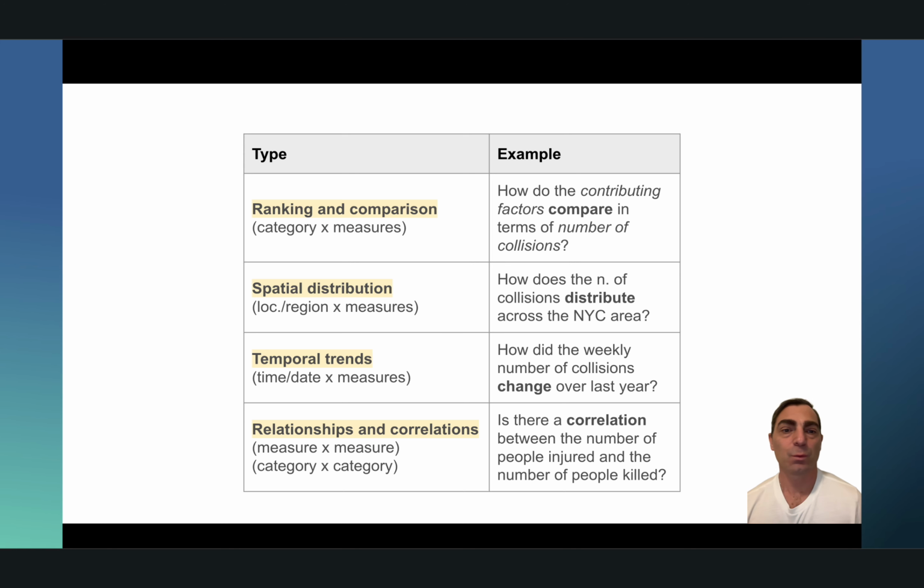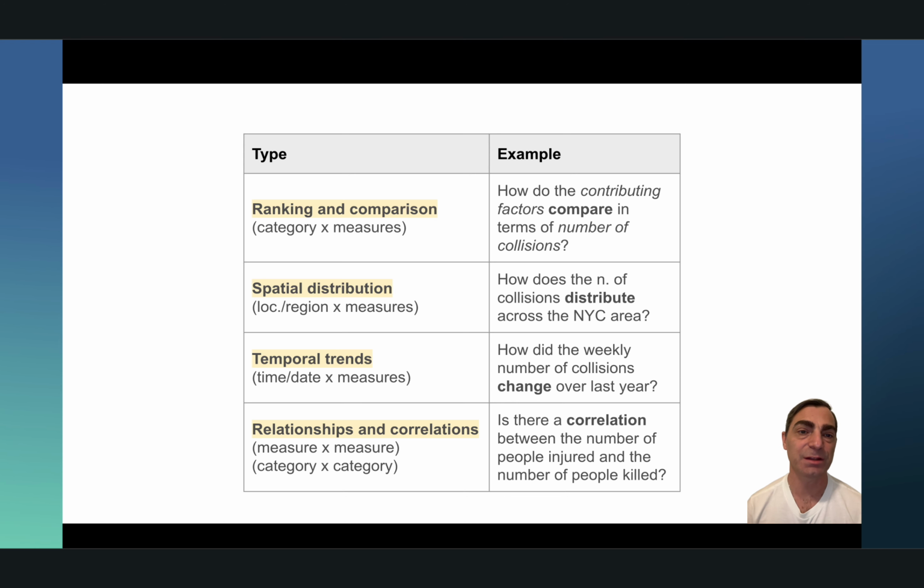So, when we put together categories and measures, typically what we can do with them is to rank and compare values. An example here is how do the contributing factors compare in terms of number of collisions, right? So if you compare them, you can rank them, you can compare.